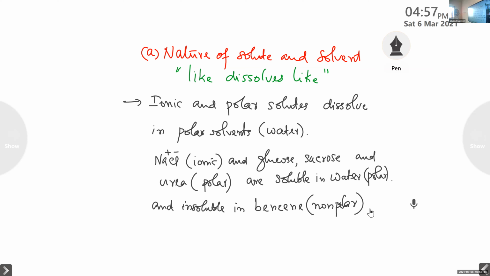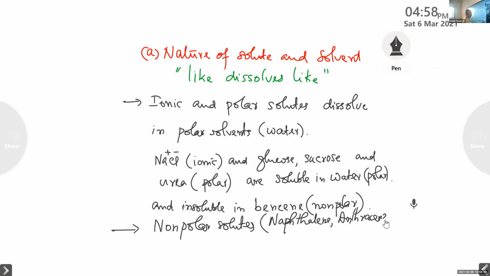All right, let us take another example for like dissolves like. That is about the non-polar solutes, for example, naphthalene and anthracene.